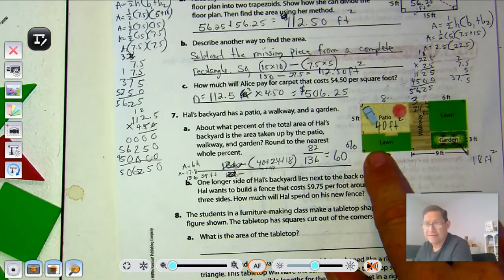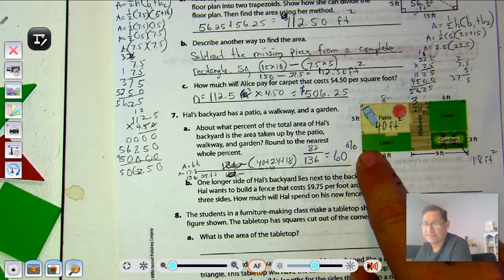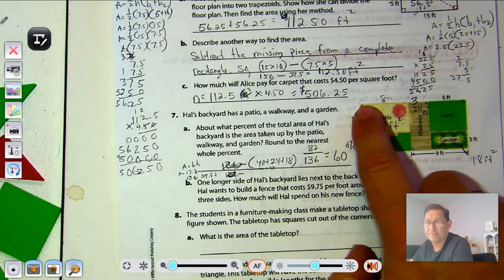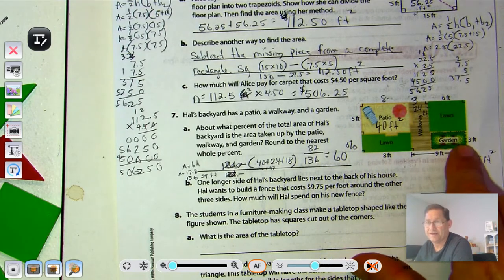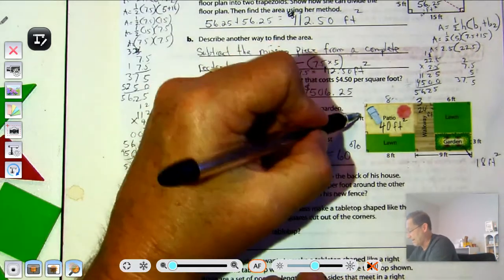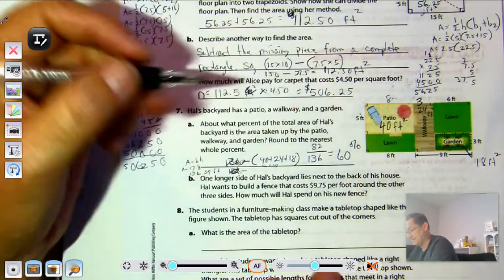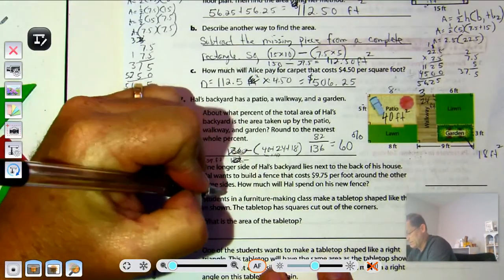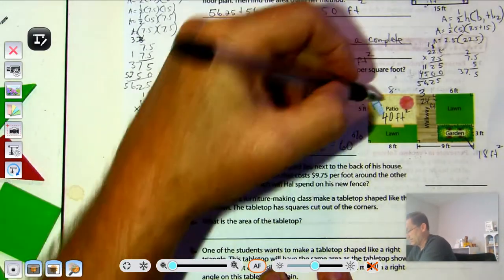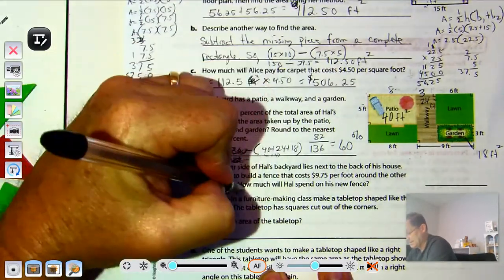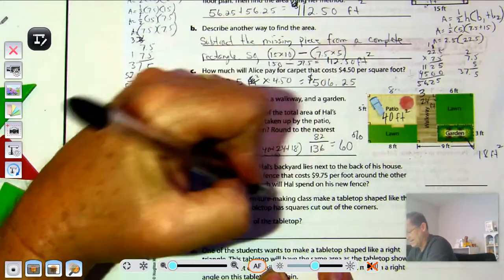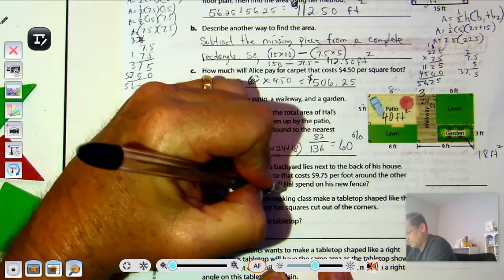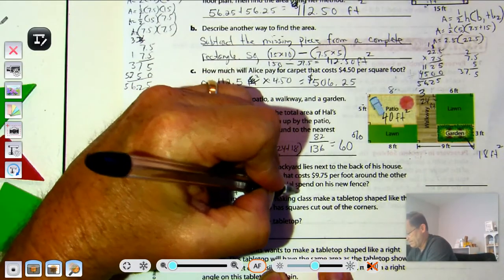If his house is sitting here, he doesn't need fencing. So he needs fencing here, here, and here. Well, this side is 8. So that's 8 plus 17 plus 8, so we get 33 feet.